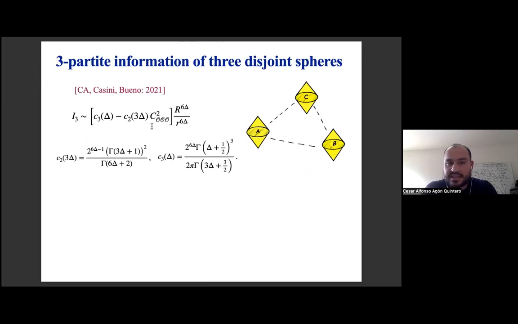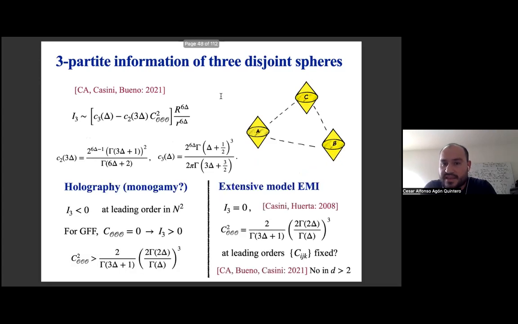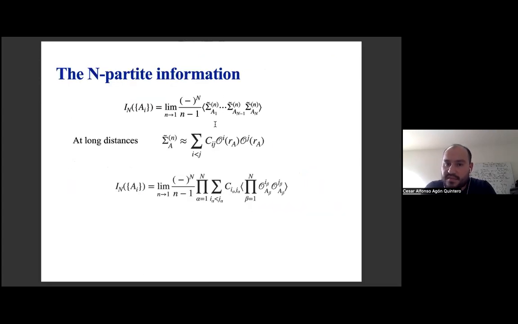So in that sense, this might be complementary. You can study the mutual information, but also the tri-partite and maybe other higher partite quantities. The thing is that the leading term is easy, and maybe with a few sub-leading terms, you can get more information by considering multiple n's rather than just keeping a single I2. That's kind of the philosophy.